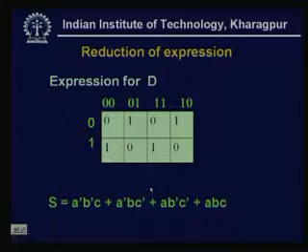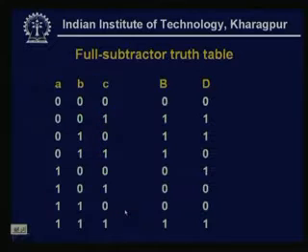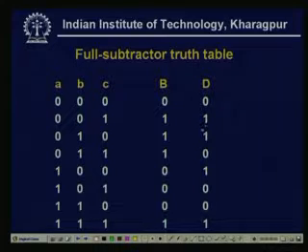Now, again in the same way we will draw two Karnaugh maps for two outputs, one for the difference D and another for the borrow B. So, when we write the expression for D, the min terms that exist are for 001, which means decimal 1, then 2, then 4 and then 7.